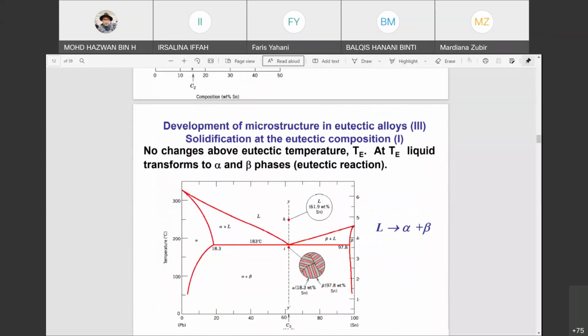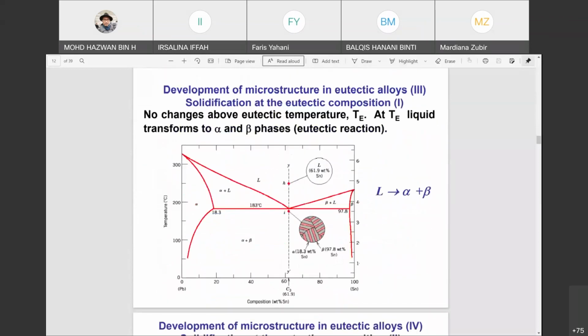Okay, so moving on to the next region for microstructure, when you have the composition equal to the eutectic composition. Just now I think we looked at 2 until 18%, somewhere here.